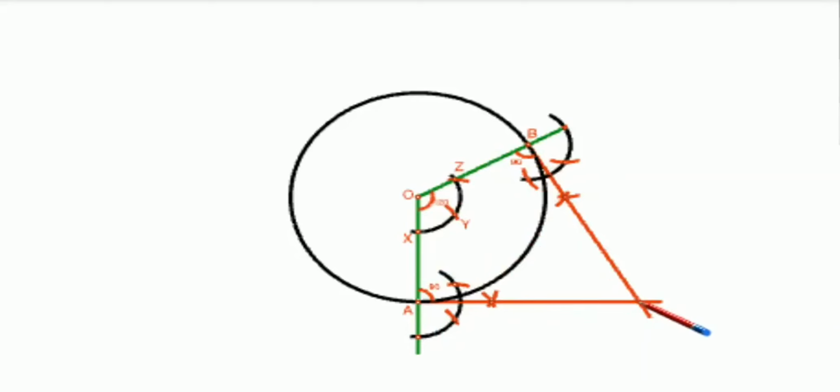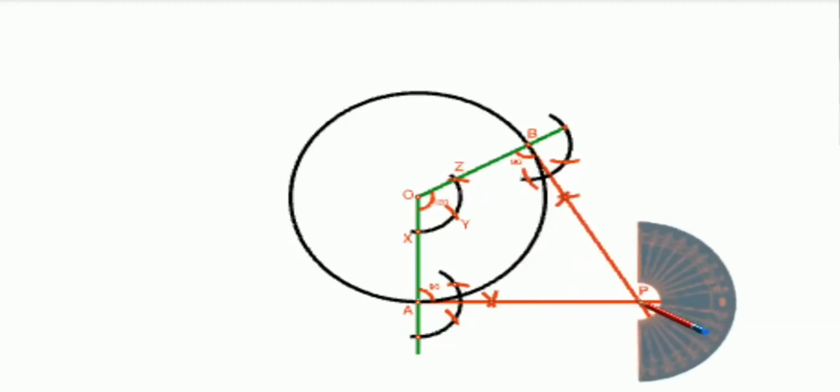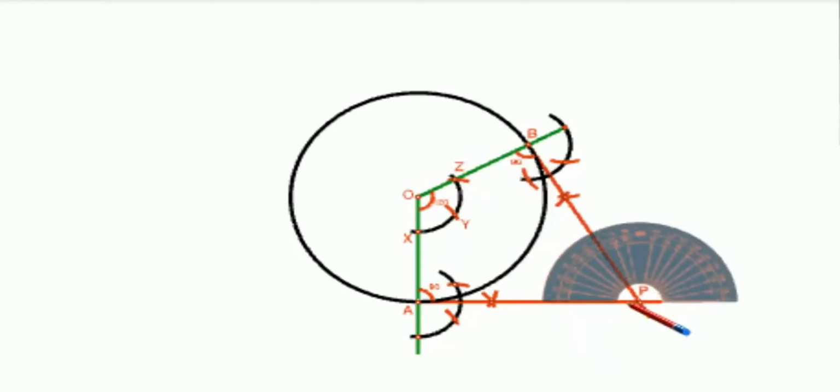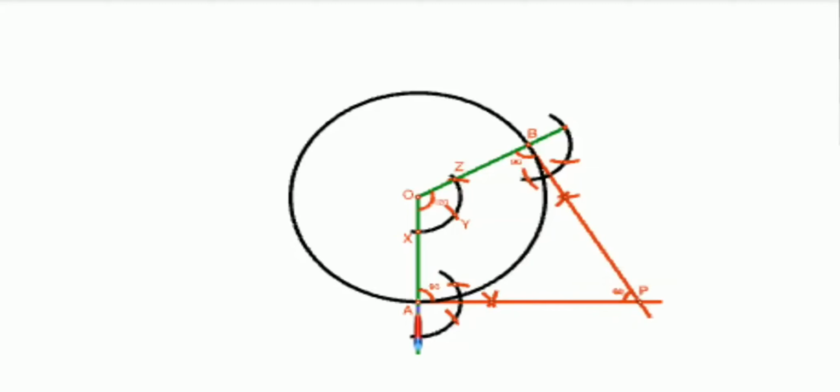And the intersection point of tangents is point P. Let us see angle P, which comes as 60 degrees. The length of the tangent PA is 10.4 centimeters and PB is also 10.4 centimeters. Correct? In this way, we have done the construction.